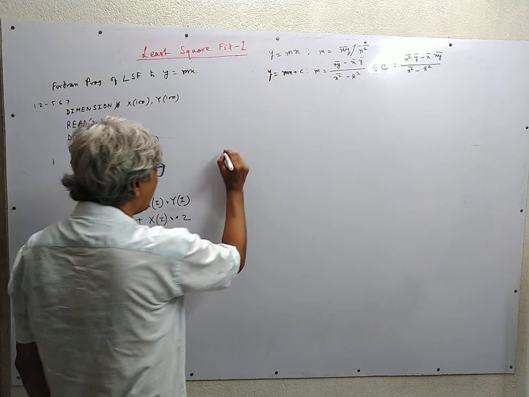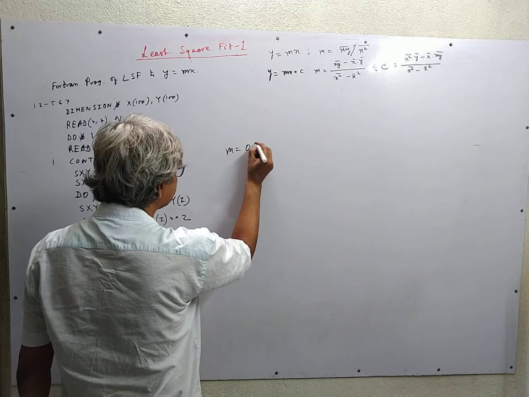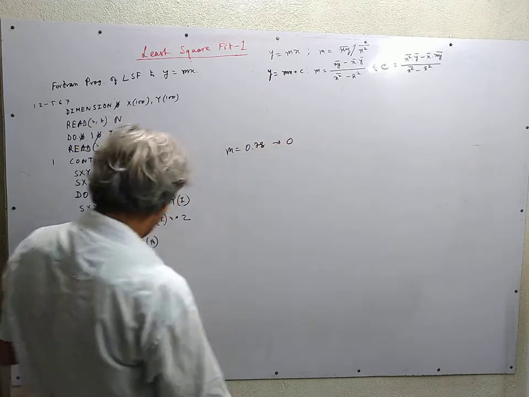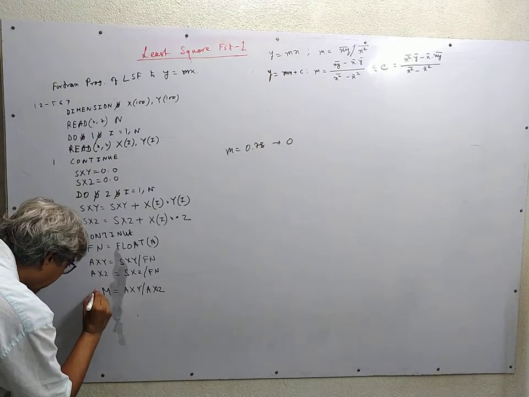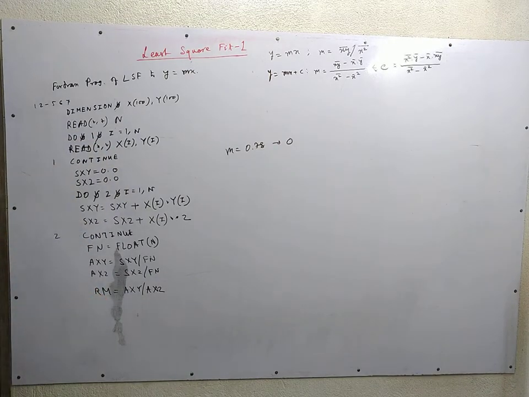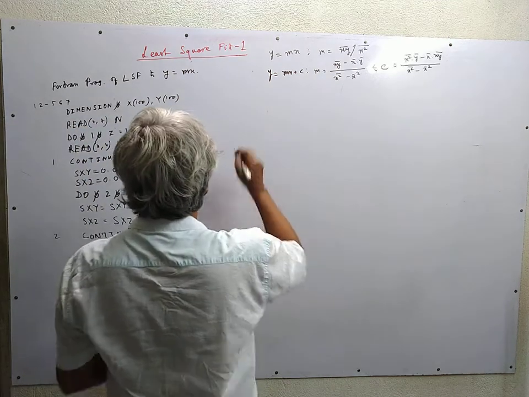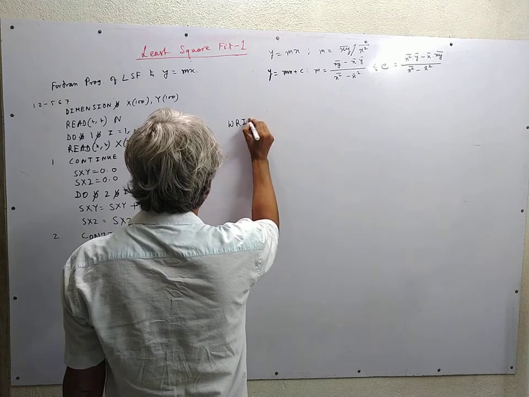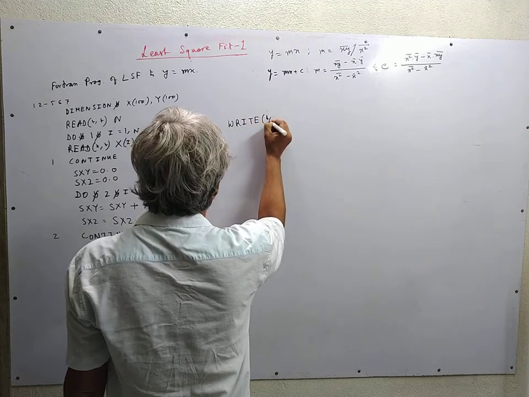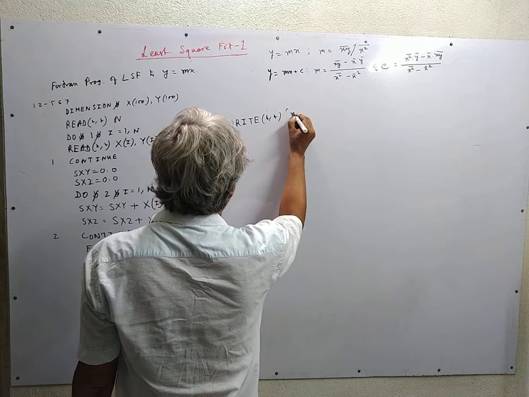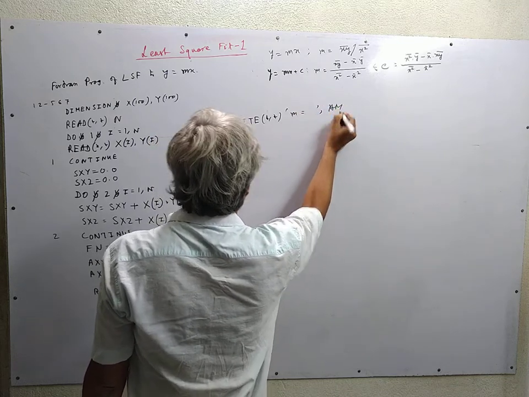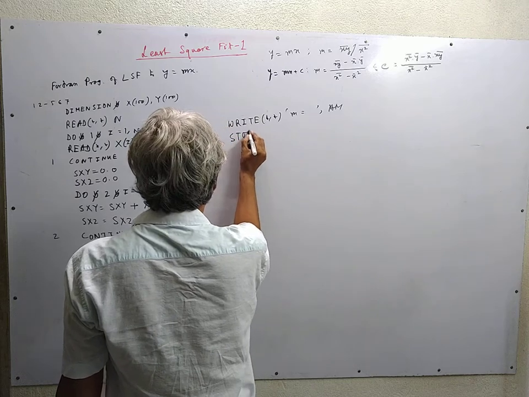Say the value of m comes out to be 0.78, it will immediately make it 0. So we have to make it in the real mode. So this is Rm. Then write star comma star, m is equal to am, stop, end.